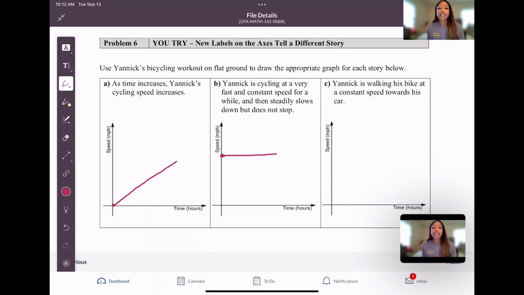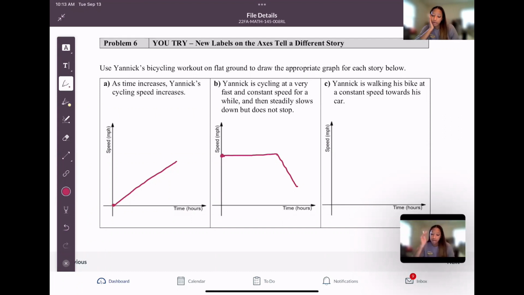And then it says he steadily starts to slow down, but he doesn't stop. So we have a line segment that's horizontal, and then we should have a decreasing line segment to indicate the speed is slowing down. But he never stops, so we don't want that line segment to go all the way down to the x-axis or the horizontal axis, because that would mean that the speed is 0. We just want it to decrease.